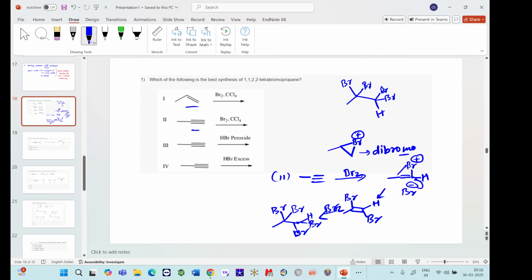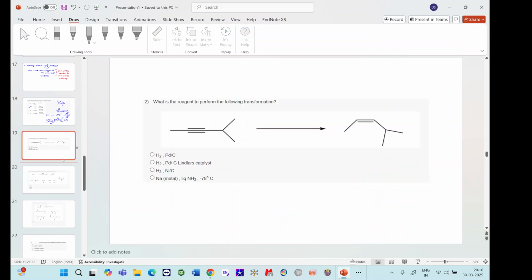It should be anti, because of the bromonium ion. This will be anti, and then you will have the tetrabromo compound. So this will be your right answer. With HBr and peroxide, one side will be H and one side will be Br, so you don't have bromo on both sides.